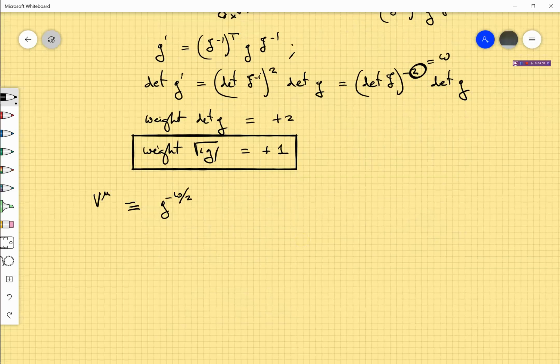Here I wrote determinant because I wanted to distinguish between the determinant and the matrix g. So let me come back here. This V mu, capital V mu, transforms as a contravariant vector.